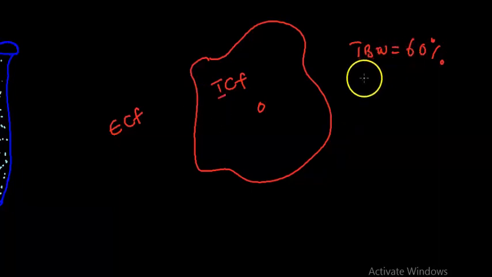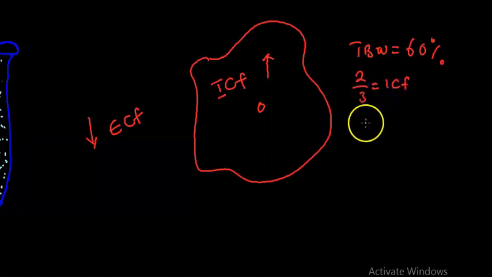Notice that if that is the case, most of the time the volume of ICF is higher than the volume of ECF. That matured human, with total body fluid of 60%, his ICF is simply going to be 2/3, and his ECF is simply going to be 1/3.